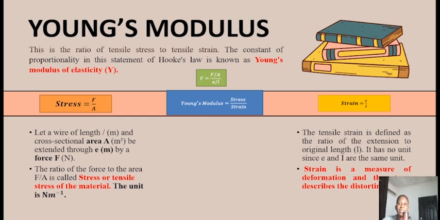Stress is equal to F over A. Strain is equal to E over L. If we bring these two together, we have stress, which is F over A, divided by strain, which is E over L. If I change this division sign to multiplication, I'm going to have F over A times L over E. So that gives FL over AE.